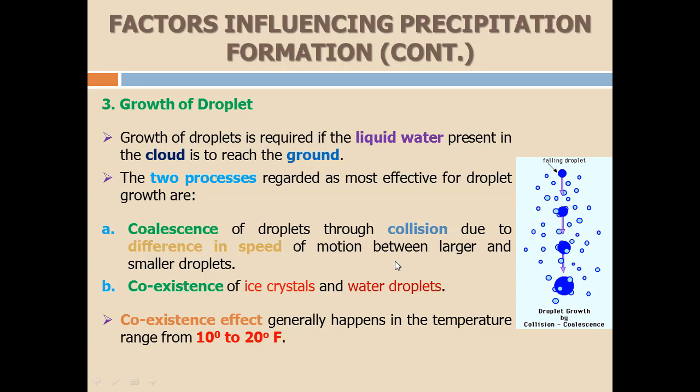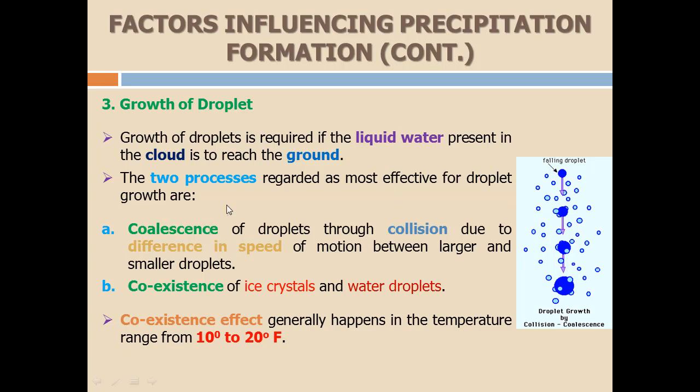So the third step is also a must: the growth of droplets, because now the particles are very small and the gravity on these particles is not enough to cancel the upward pressure of the air. So the growth of droplets is required if the liquid water present in the cloud is to reach the ground.